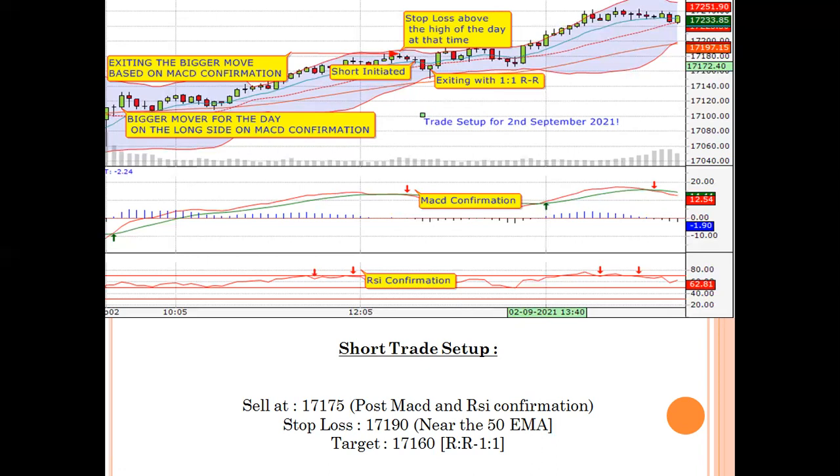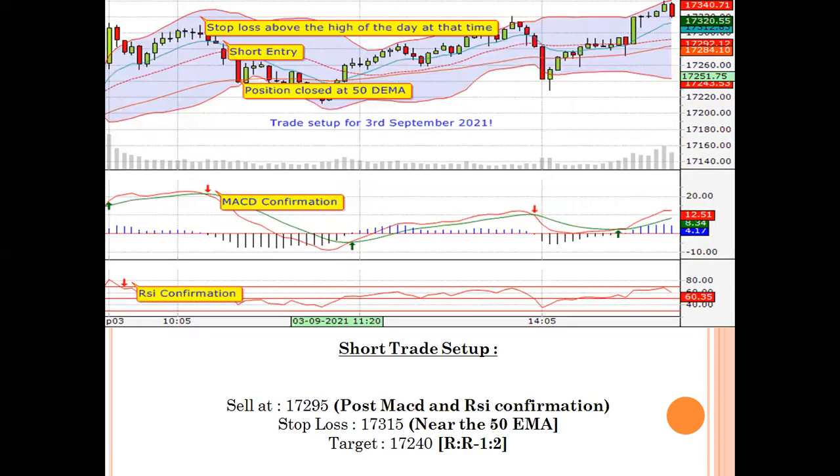And hence obviously my risk reward was 1:1, which is only 15 points, but then it was worth exiting. So this is an example wherein if you overstay, your stop loss would have got hit, right? So either way, this is how I work. 1:1, good for me, I get out.